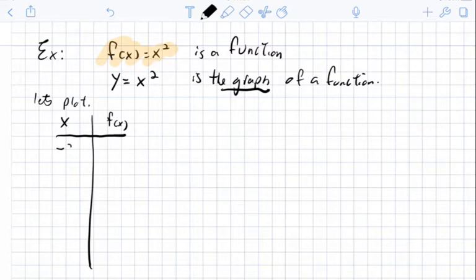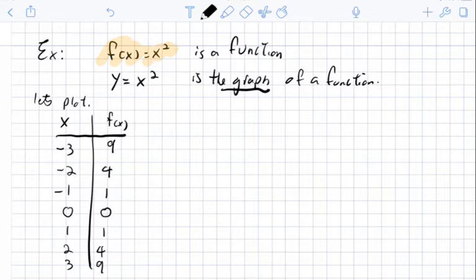Minus 3, minus 2, minus 1, 0, 1, 2, 3. When x is equal to minus 3, the output is minus 3 squared, so it's 9. When x is equal to minus 2, the output is minus 2 all squared, which is 4. When x is equal to minus 1, the output is 1. When x is equal to 0, it's 0 squared, which is 0. 1 squared is 1, 2 squared is 4, 3 squared is 9.